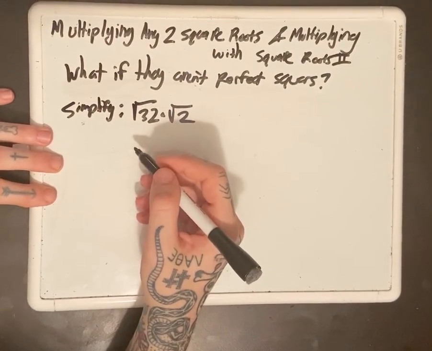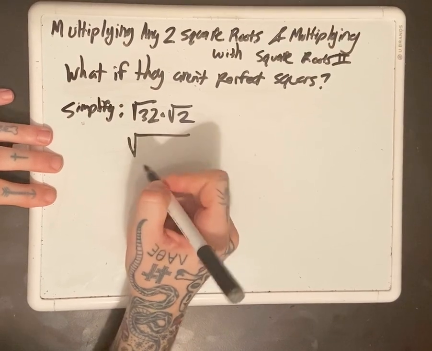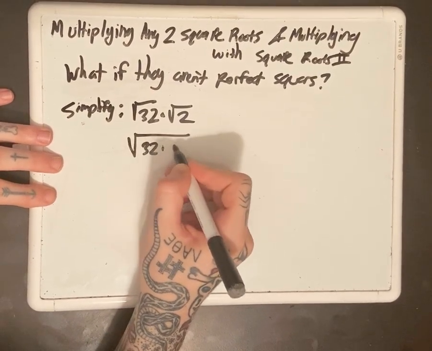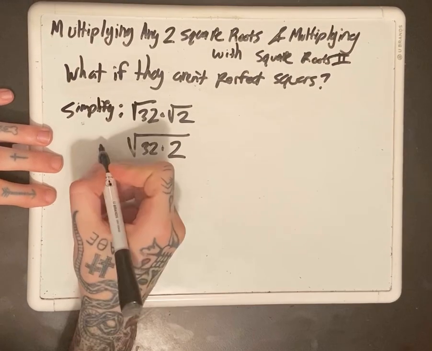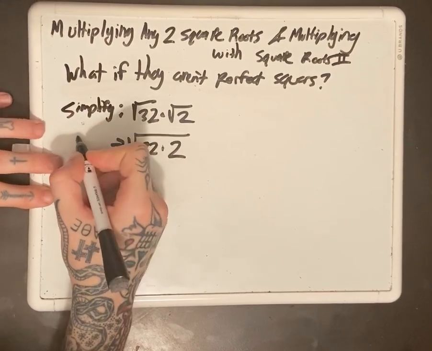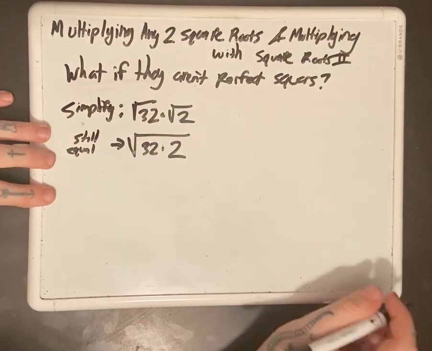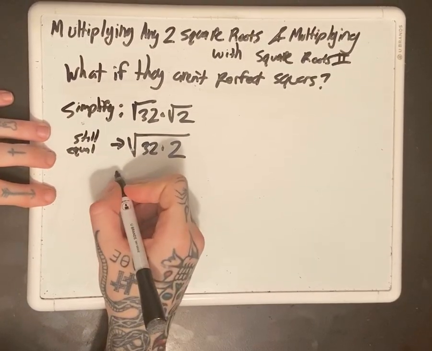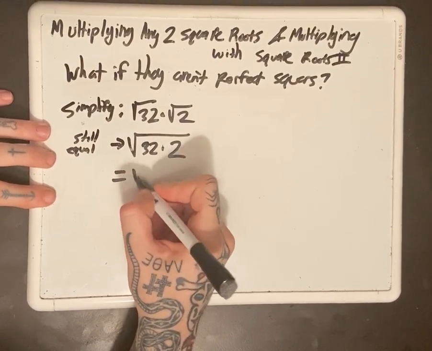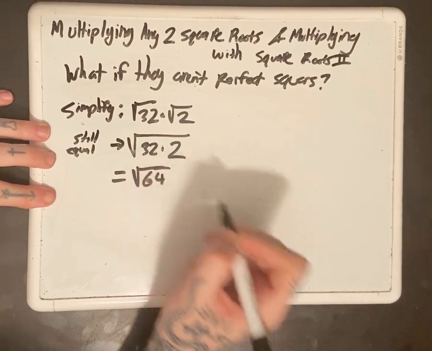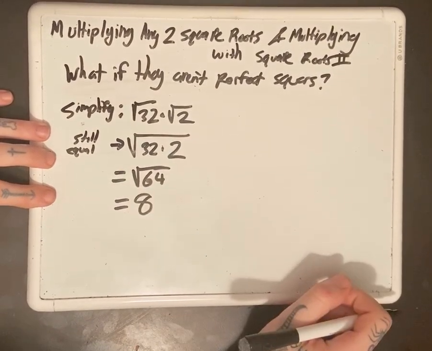But according to the pattern we just observed, we can turn it into a big radical and throw both of those under there, and it's still equal. Okay, so from here, 32 times 2 is 64. Square root of 64 is 8.